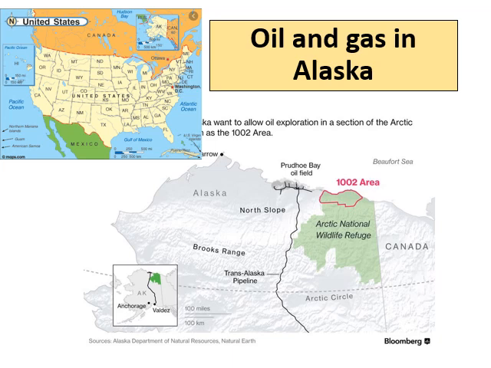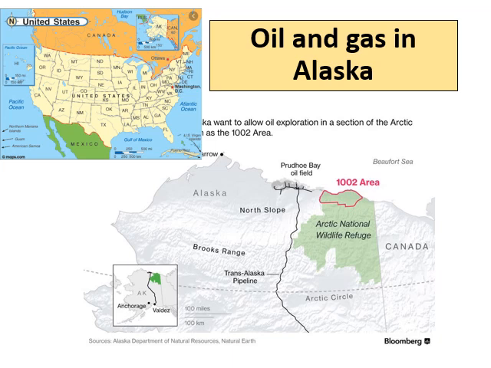So let's have a think about this region in terms of what's there and the impacts that extracting oil and gas in this environment might have. So the map at the bottom there, we've got this area called the Arctic National Wildlife Refuge, which gets shortened to ANWR.